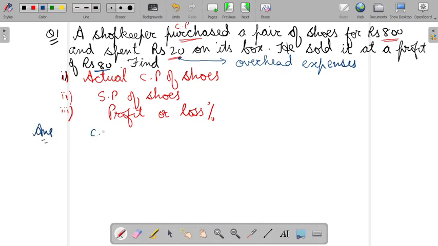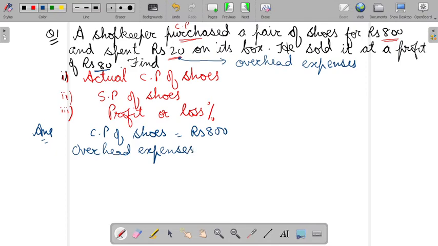So cost price of shoes equals rupees 800, and overhead expenses equal rupees 20.